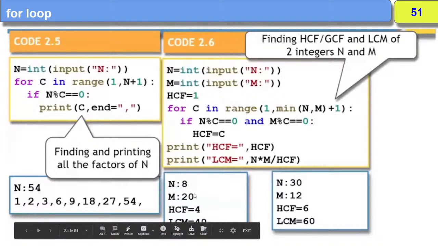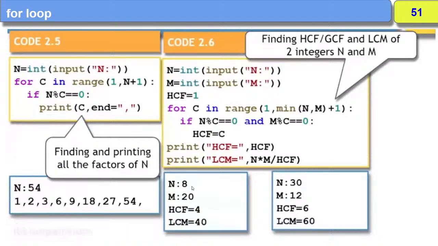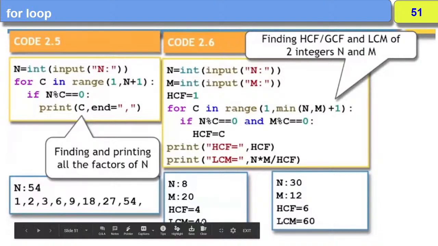So HCF is 4. So 8 into 20 divided by 4 will be your LCM. 8 into 20 upon 4 is 40, which is the LCM out here.